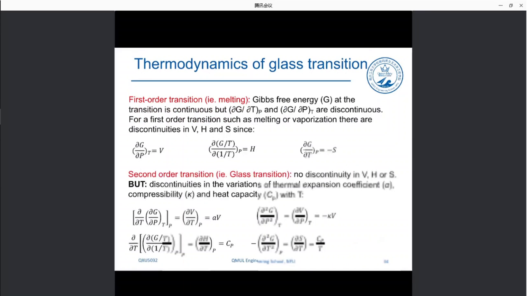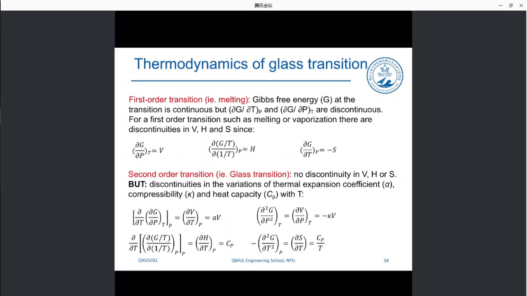Yep, that is what we said. So if we go to the dynamics of glass transition, essentially there have been attempts to analyze the glass transition from a thermodynamic viewpoint.